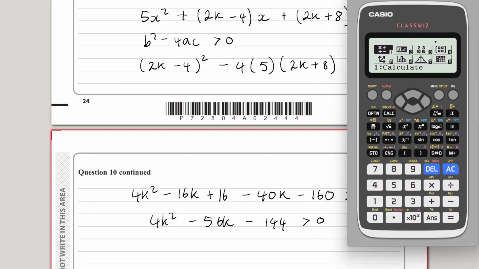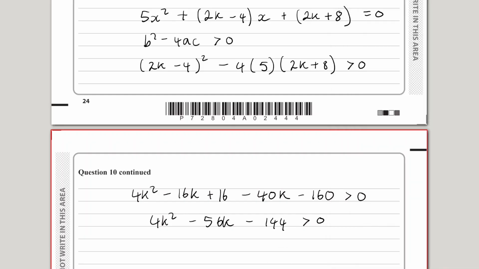Let's just use the calculator to solve it. So it's 4k squared minus 56k minus 144 bigger than 0. So k is less than 7 minus root 85, or k is bigger than 7 plus root 85.